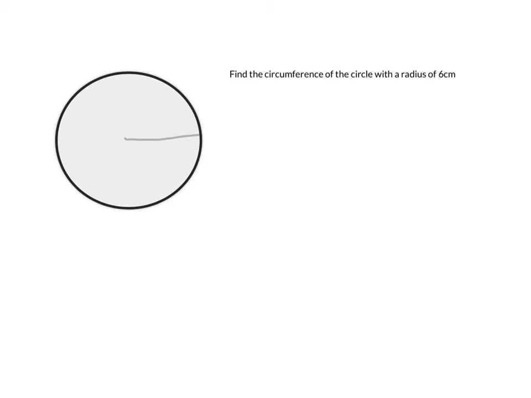All right, the first example, it says, find the circumference of the circle with a radius of 6 centimeters. So here's our circle, excuse my radius, it's not super straight, but we do need to use the formula for circumference. So the formula for circumference is C equals pi times diameter.